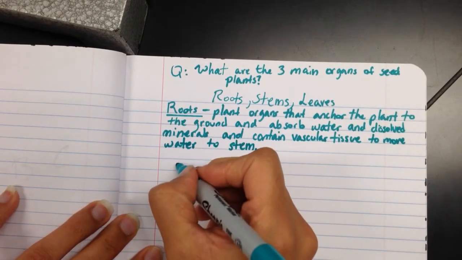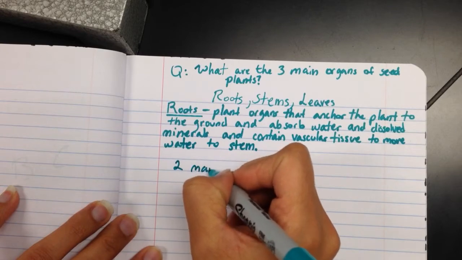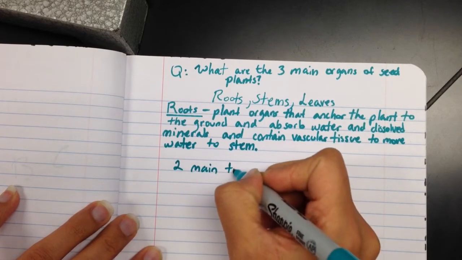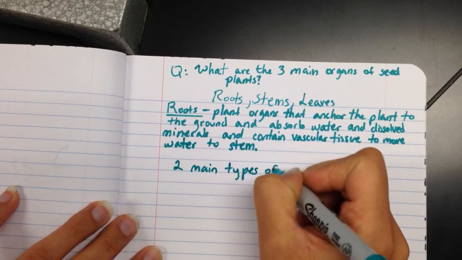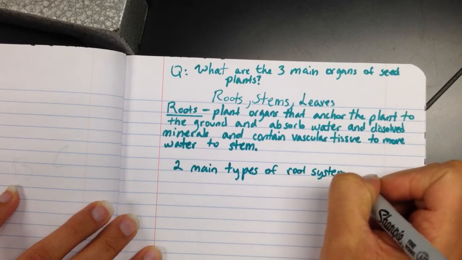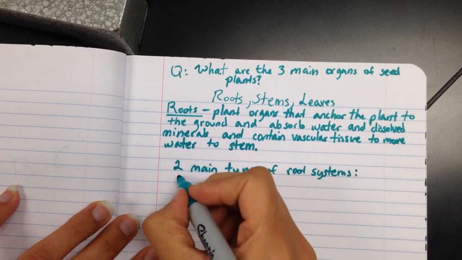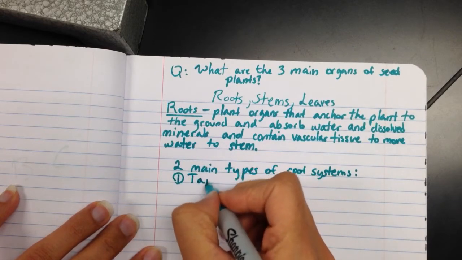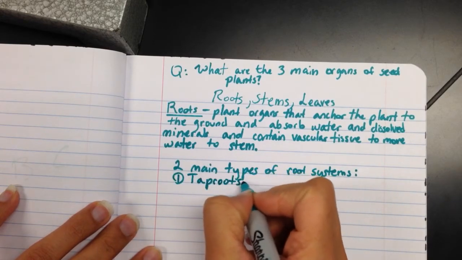There are two main types of roots or root systems, and those are tap roots. Think about carrots.